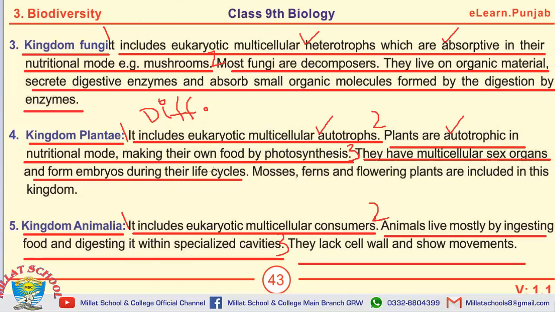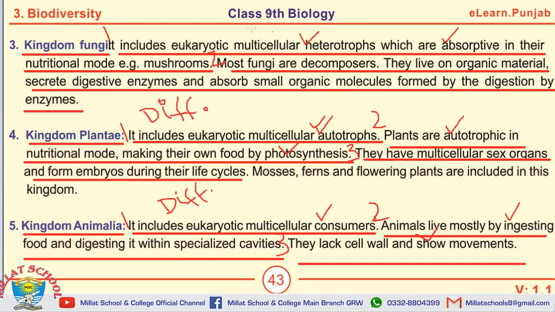And if the question is asked between kingdom Animalia and plants, then plants are autotrophic, animals are consumers or heterotrophic. Plants make food by photosynthesis, while animals get food by ingesting it. Plants can't move while animals can move.